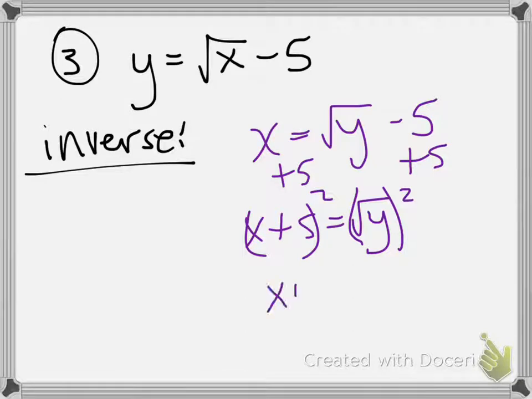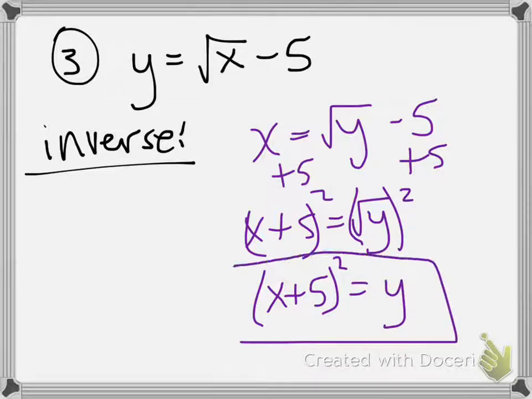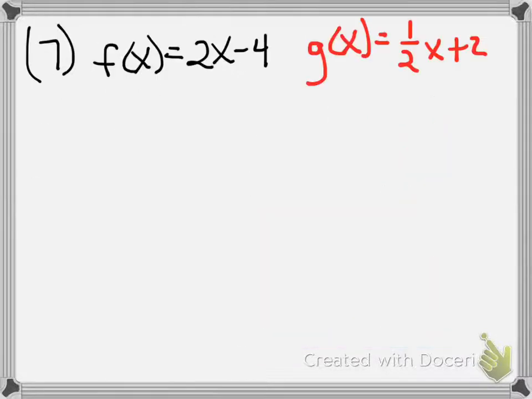And I'm going to leave this as x plus 5 parentheses squared equals y. Although we could multiply this left side out over here, we're not going to unless we absolutely have to. So there's my answer. So those were the inverse problems. Well, finding the inverse problems.